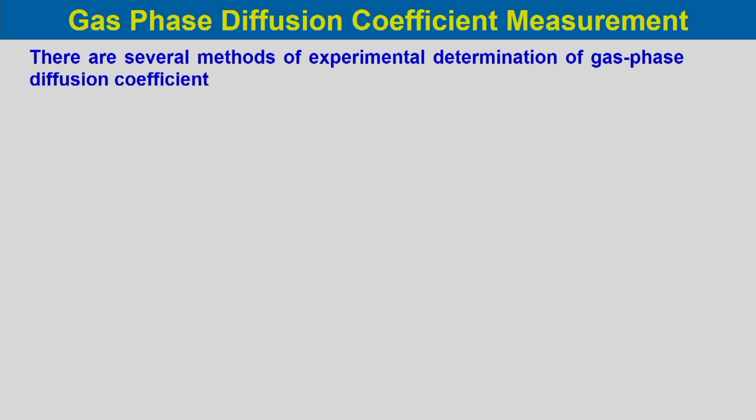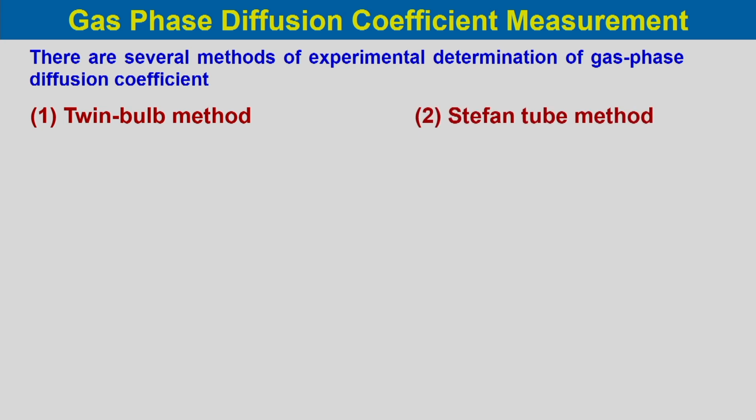There are several methods of experimental determination of gas phase diffusion coefficient. One of them is the twin bulb method, and another very well known method is the Stefan tube method. Both methods we generally practice in our undergraduate lab.